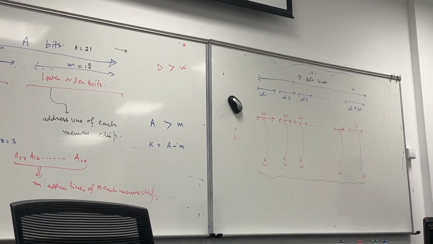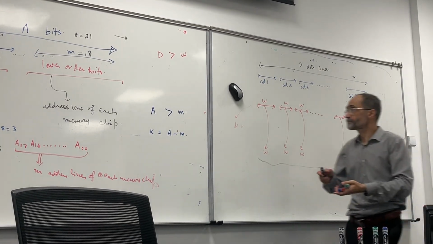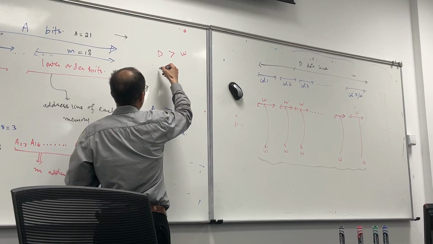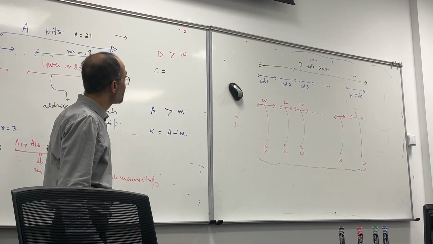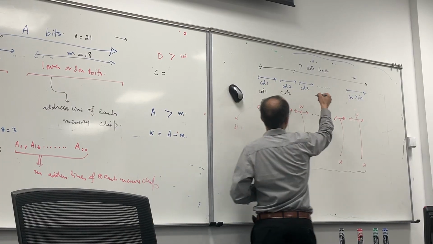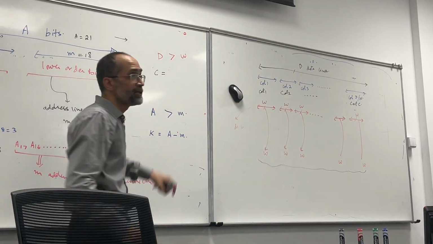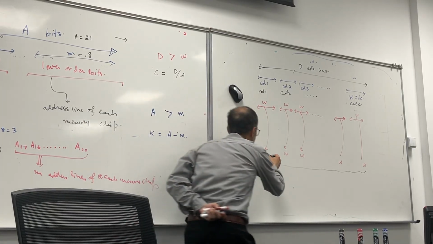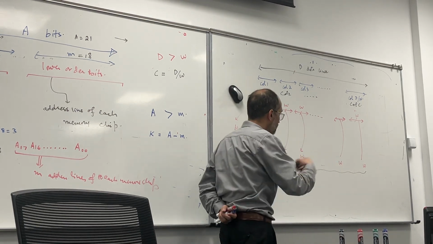Let's assume that we have C columns. Clear? If we have C columns, column 1, column 2, up to column C, what will be the value of C? D divided by W. Each column gives W bits, so what will be the total D now?